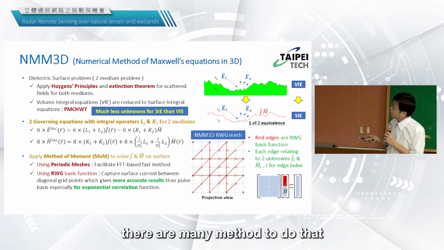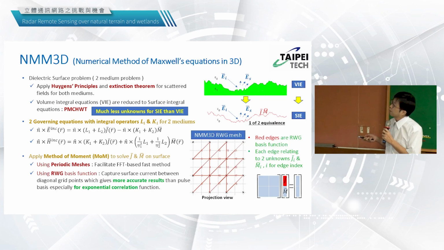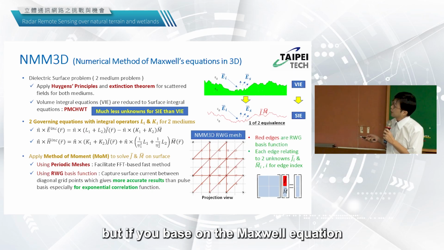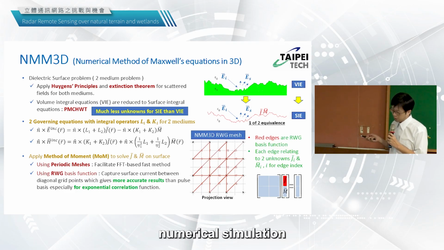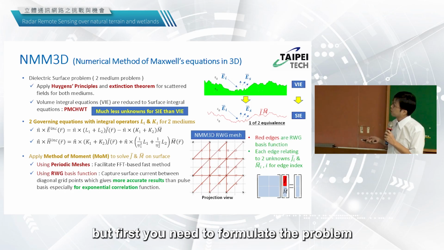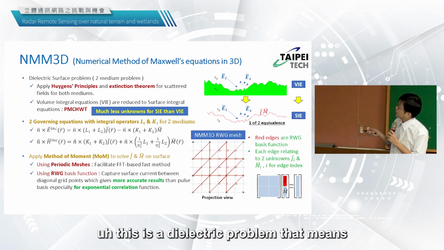There are many methods to do that, but based on the Maxwell equations, here we use the method of moments to do the numerical simulation. But first you need to formulate the problem. This is a dielectric problem.